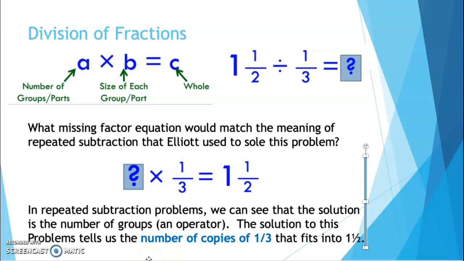In repeated subtraction problems, we can see that the solution is the number of groups. The solution to this problem tells us the number of copies of 1/3 that fits into 1 1/2.